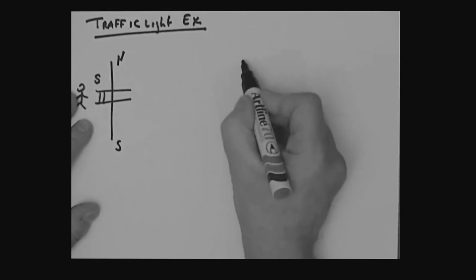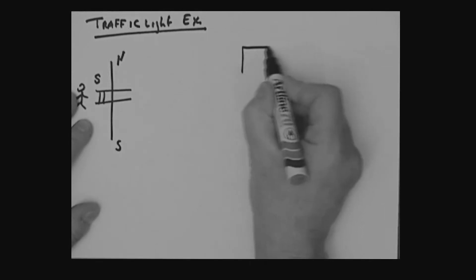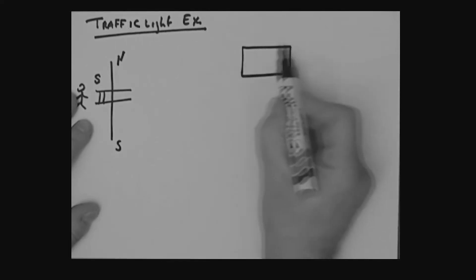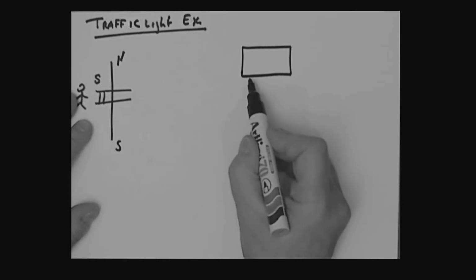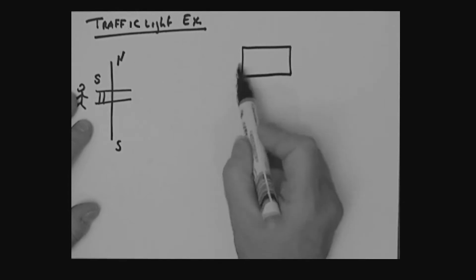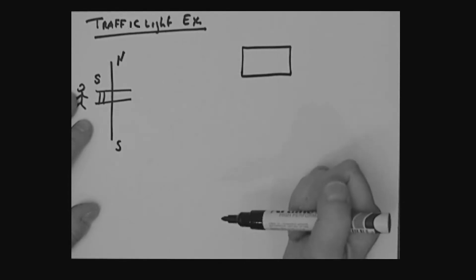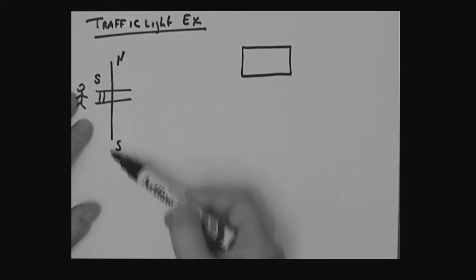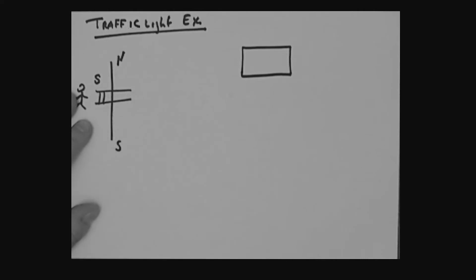All right, so what we're going to say is, look, I've got a state here, and we'll formalize this a little bit later on, but I'm going to represent a condition that we're in, as it were, by a rectangular box. In this rectangular box, I'm going to put the conditions of the road and of the pedestrian crossing.